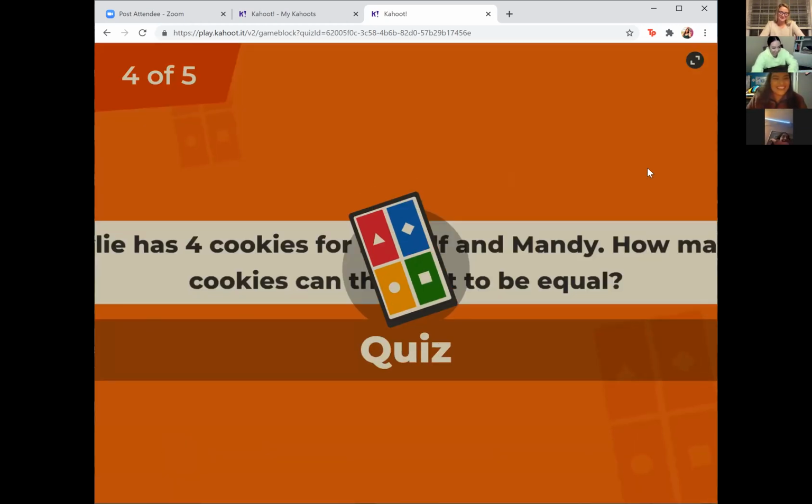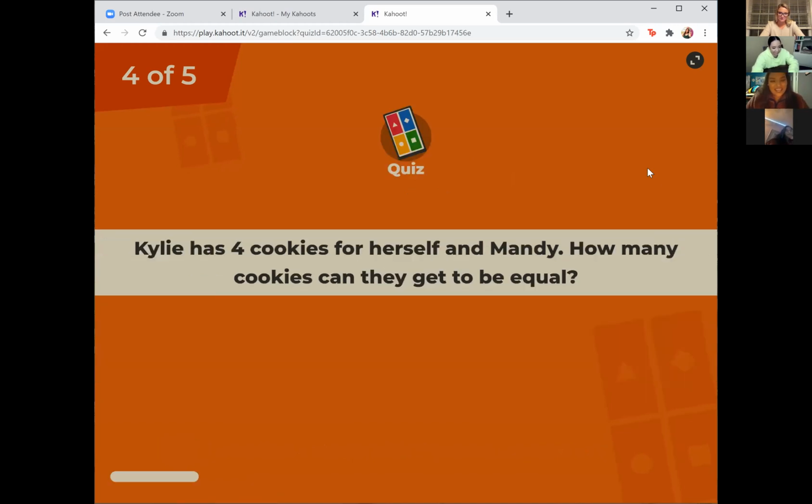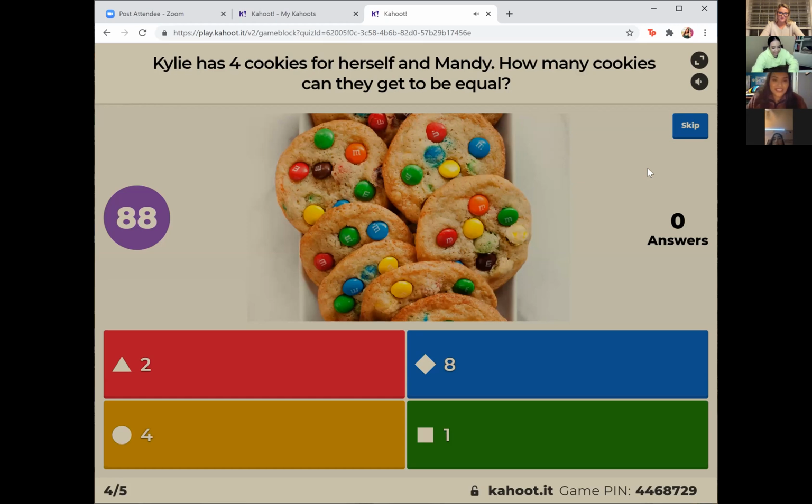Okay, next question. So Kylie has 4 cookies for herself and Mandy. How many cookies can they get to be equal? Okay, I'm gonna give you guys a little more time on this because it's a little longer. So remember when Ms. Pache was showing y'all the cookies and she was putting them on the plates? Let's think about this.